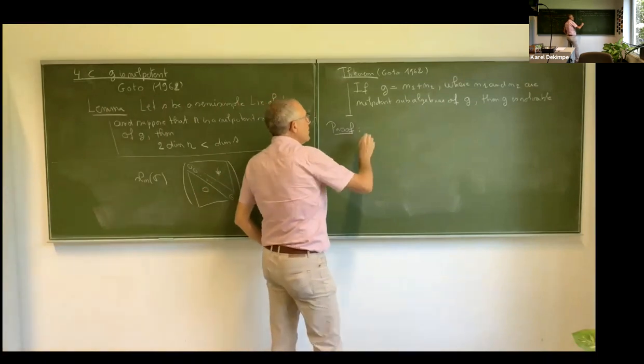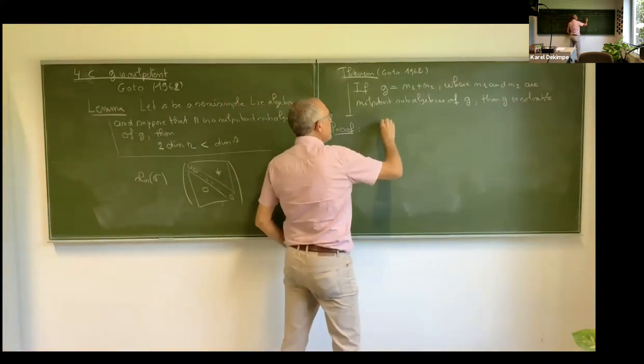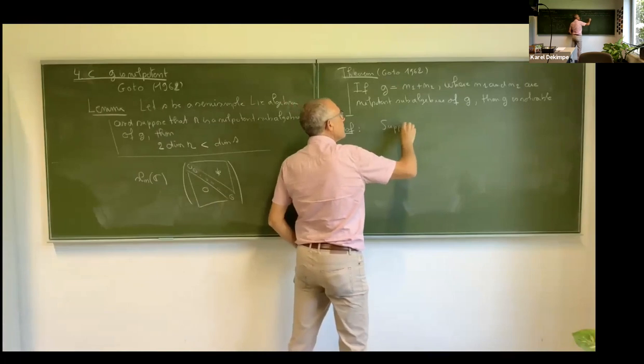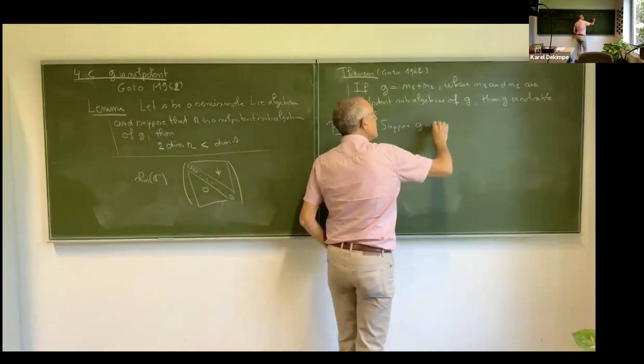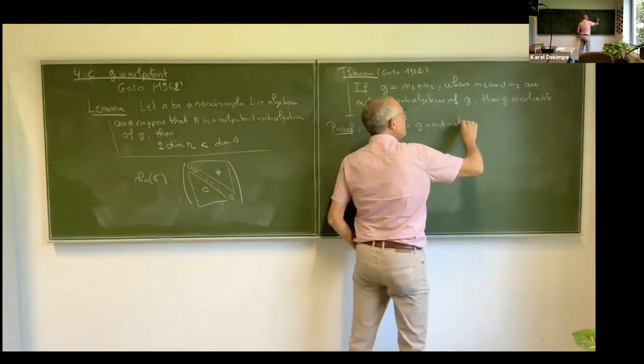So the proof goes as follows. Suppose G is not solvable.